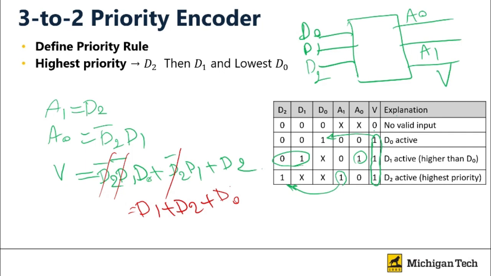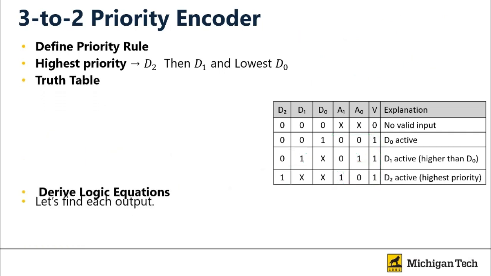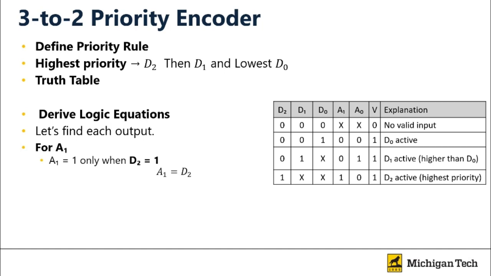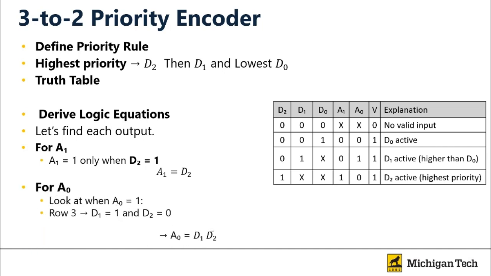Okay, don't worry, we have another example. Once you write that, you are done with this if you want to write it up. Here I also explain why. A1 is 1 only when D2 is 1.